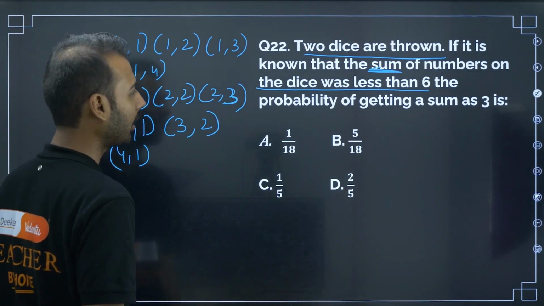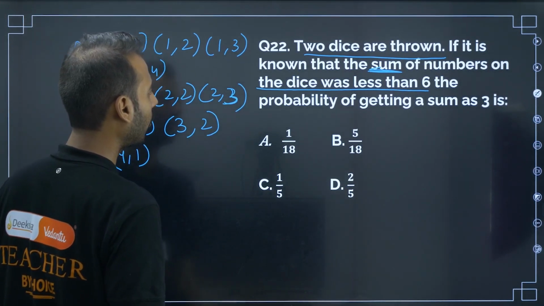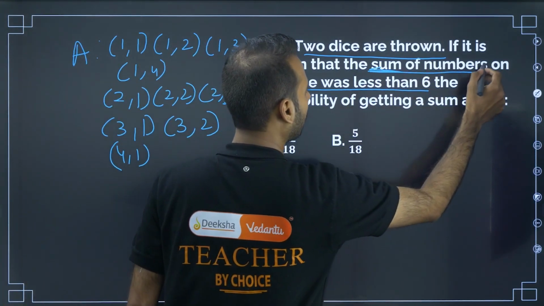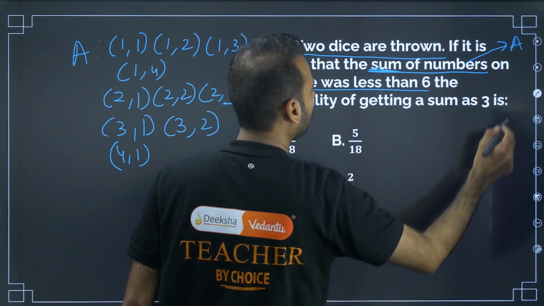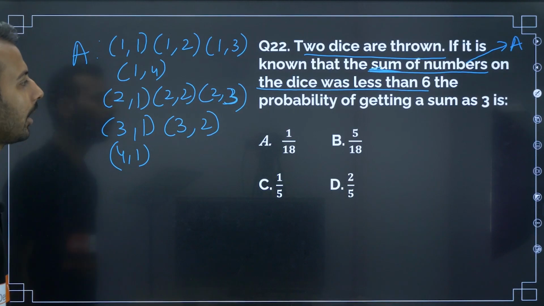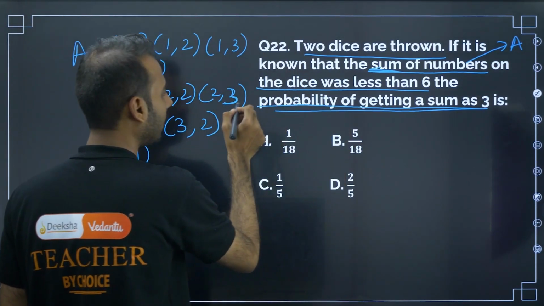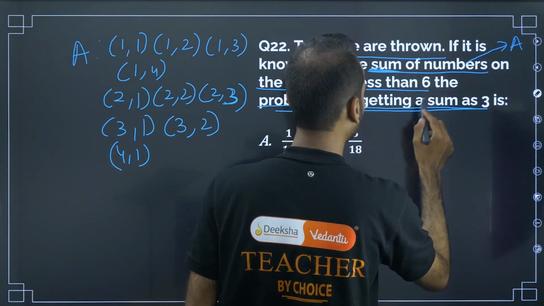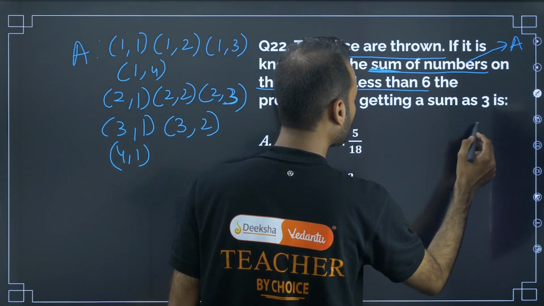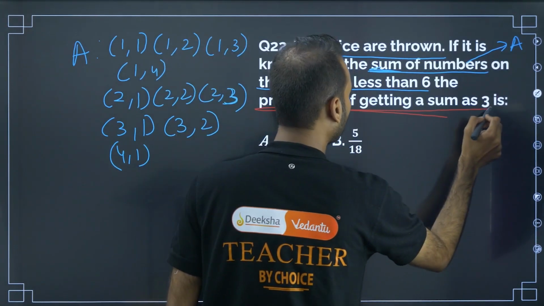The probability of getting sum as 3, if it is known that the sum of numbers is less than 6. I am naming this as A event. Now what is the question? Probability of getting sum as 3.